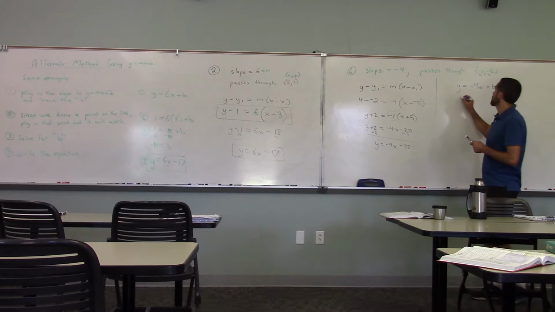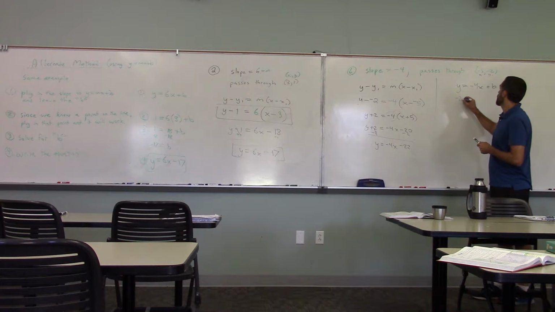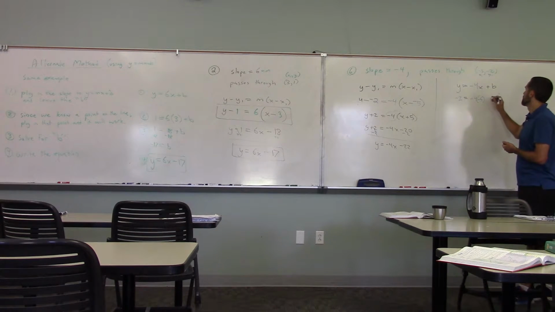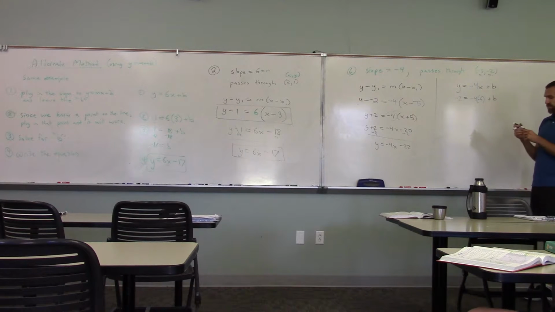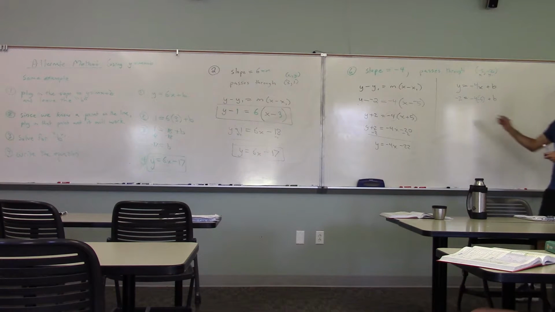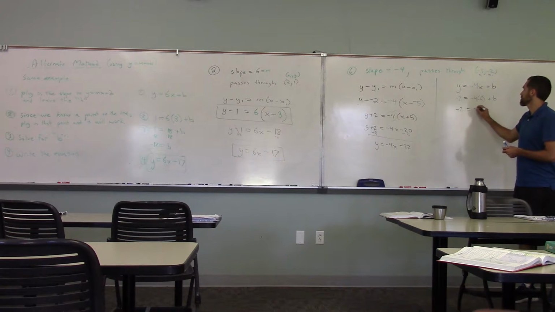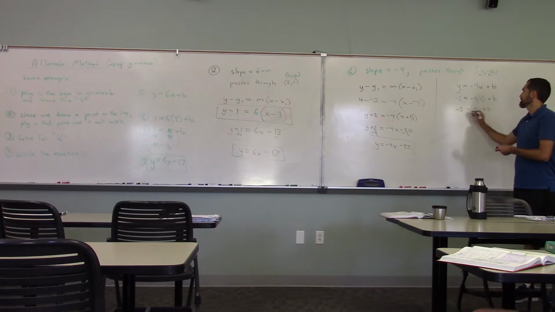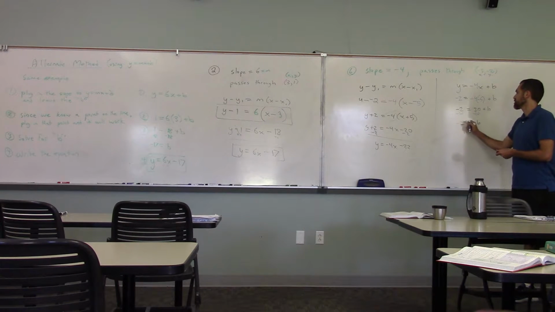So plugging in, we get -2 for y equals -4 times -5 plus b. And then we just solve. Okay, so -2 equals 20 plus b, subtract the 20, subtract the 20, and we get b equals -22.